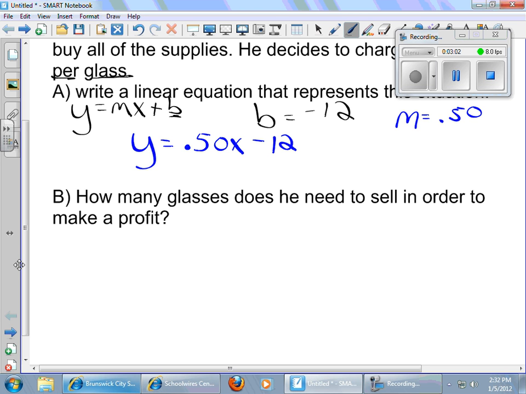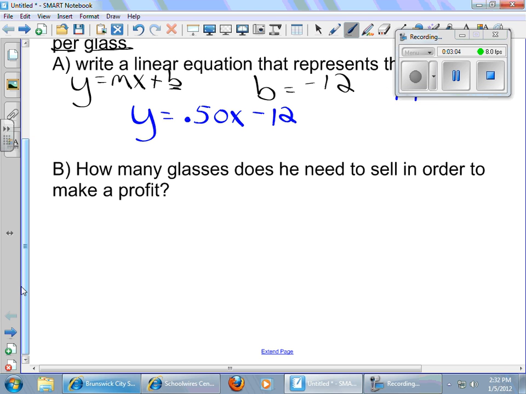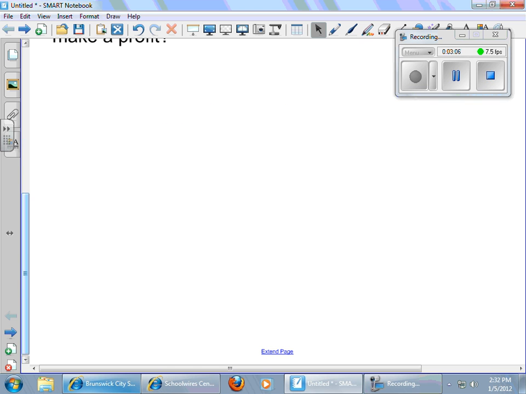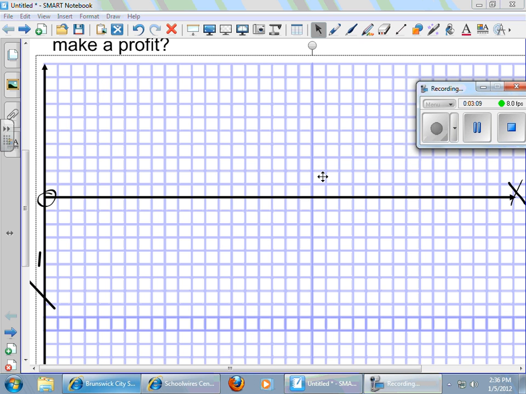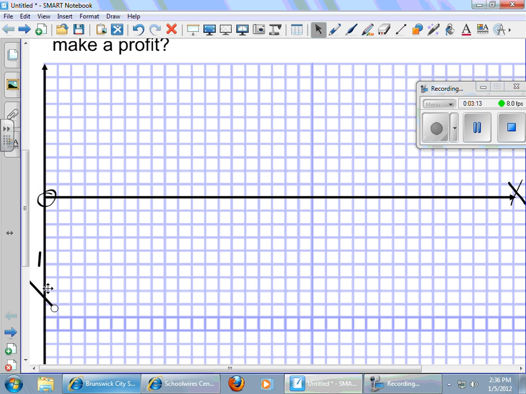You know what? Before I do that, let's take a look at what the picture might look like. Let me get a little more space here. Okay, I've got some graph paper here, and I'm going to make sure I can show everything I need to. The first thing I'm going to need to do is plot my y-intercept.